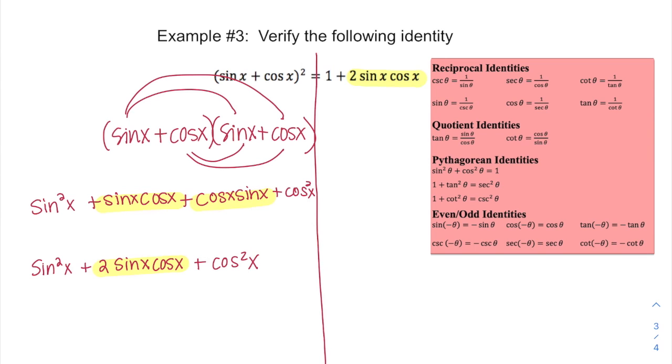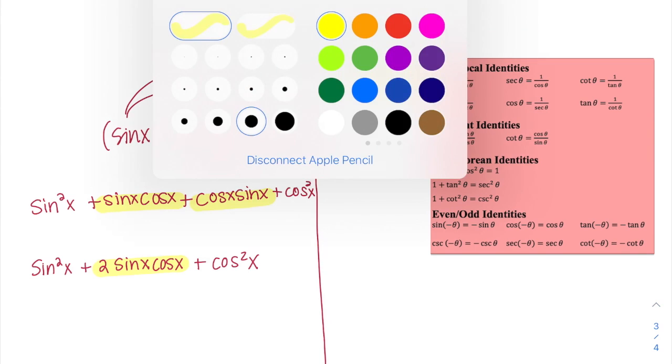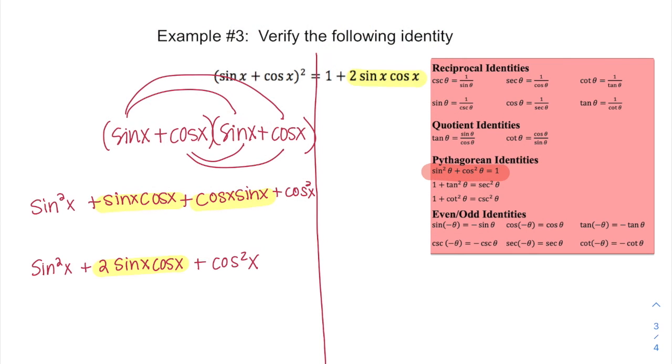What I think of right away is sine squared and cosine squared, doesn't that equal 1? We have yet to use our identities. So can I rearrange this? I guess is my next question. Can I rearrange this as sine squared plus cosine squared, plus 2 sine x cosine x? Did I change anything by doing it?